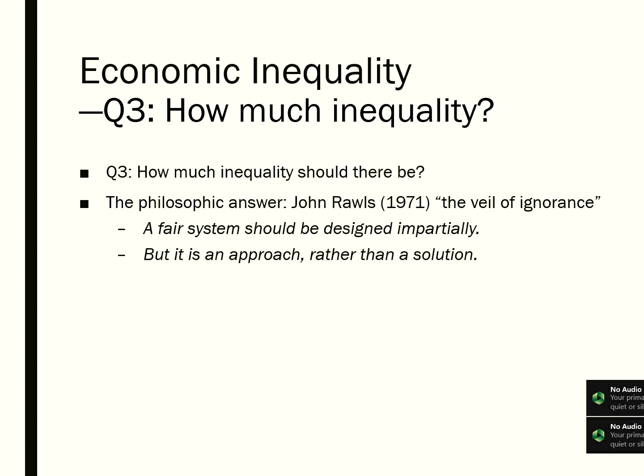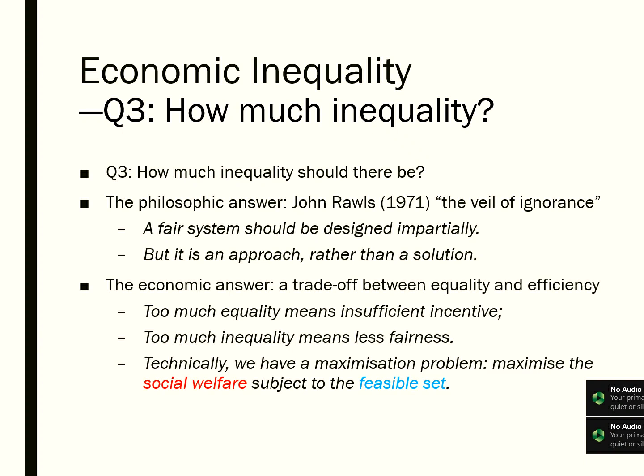Economists, on the other hand, are more practical than philosophers. We admit that people are not impartial, and the design of a fair society depends on the optimal trade-off between equality and efficiency. We argue that too much equality means insufficient incentive, so it is not efficient.